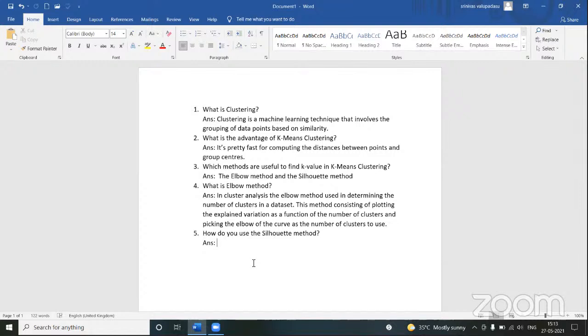In this method, simply we pick a range of values of K, and then we apply K-means clustering for each of the values of K. Then find the average distance of each point in a cluster to its centroid and represent it in a plot. Finally, we can select the value where the average distance falls suddenly. These are the steps we use in this method to find the K value.